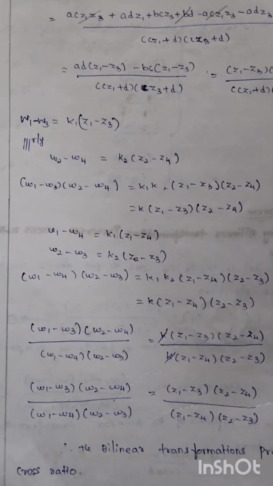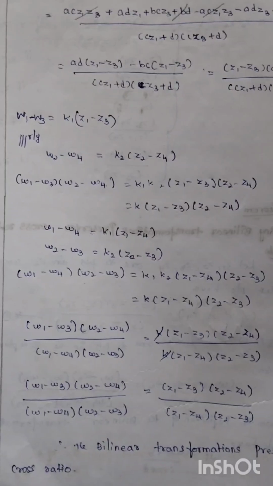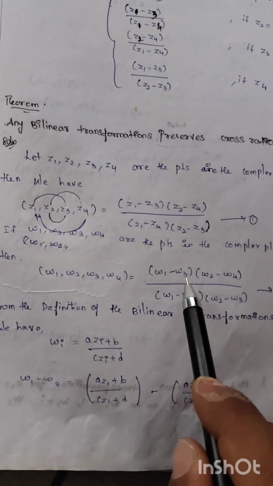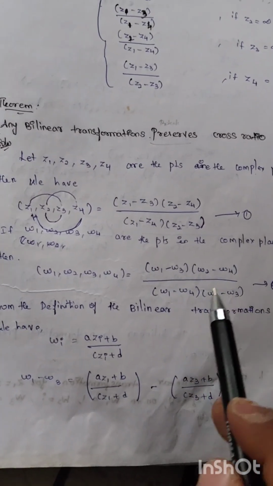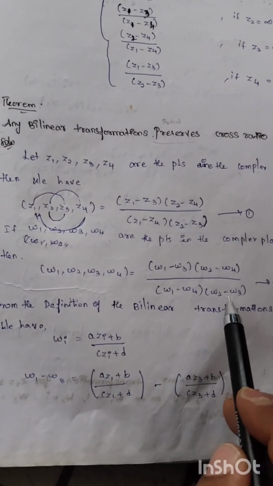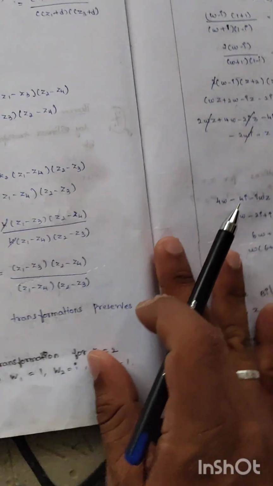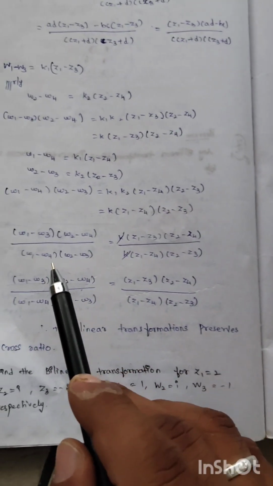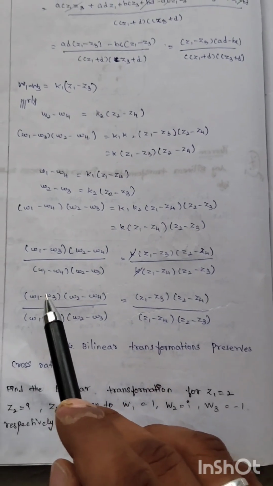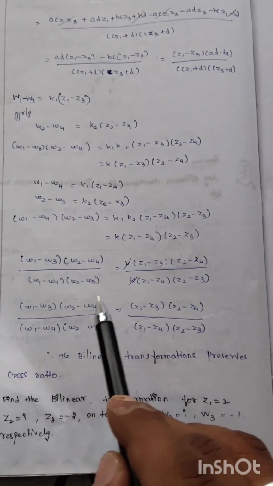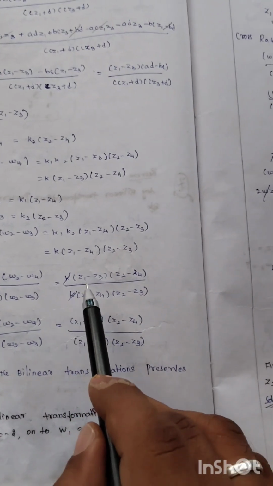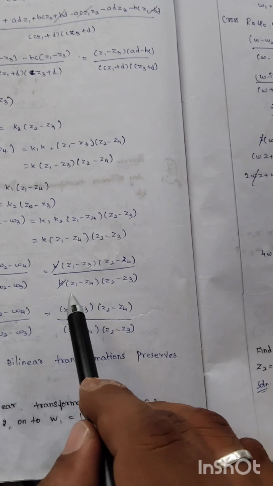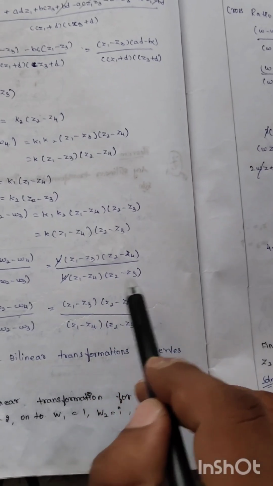Now we replace all these four values in equation number 2. We get (w1 minus w3) (w2 minus w4) divided by (w1 minus w4) (w2 minus w3) is equal to K into (z1 minus z3) (z2 minus z4) divided by K into (z1 minus z4) (z2 minus z3).